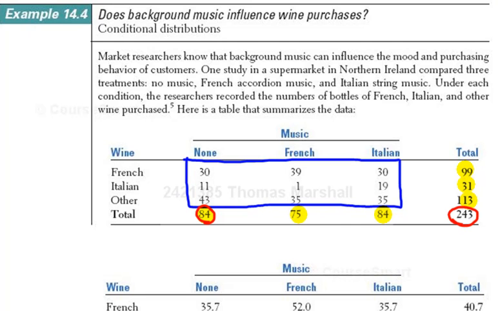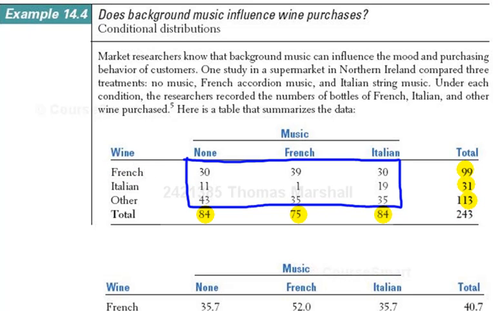And that gives us a marginal because it happens in the margin. So we could get the percentage of all bottles of wine that were purchased when no music was playing. And we could also get a marginal distribution of how many bottles of French wine were sold out of all the bottles sold. And that would be a marginal distribution.